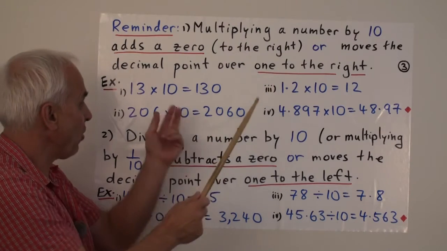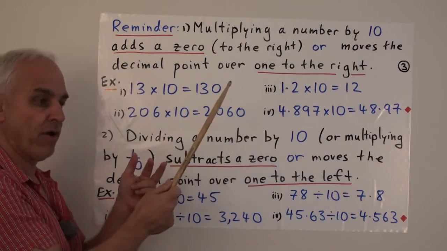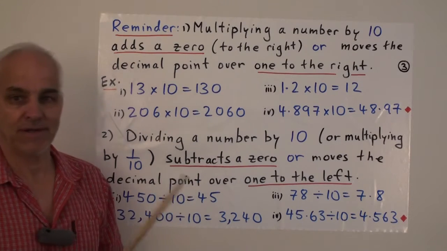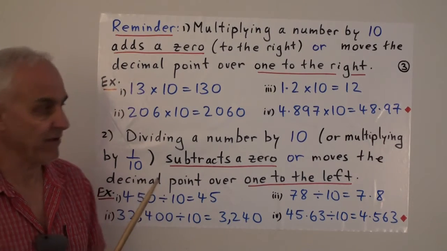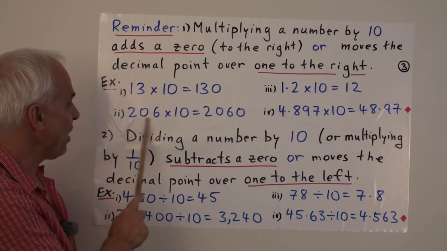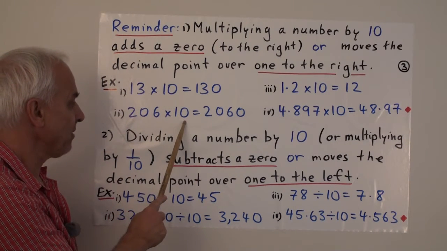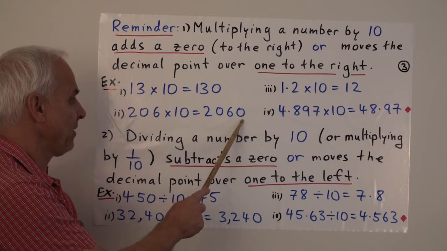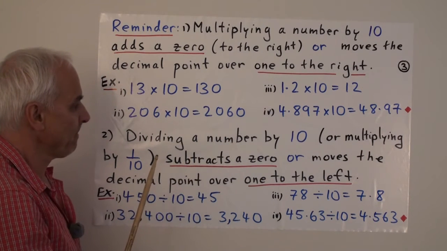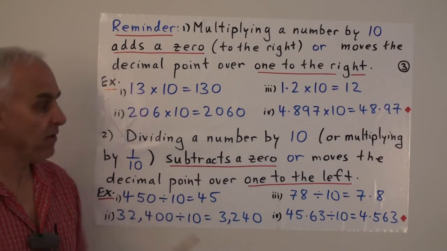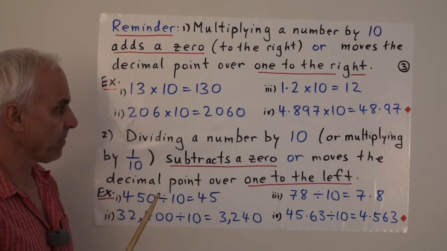The effect is that all the digits move over 1 to the left, and there's a new 0 in the ones place. Another example, 206 times 10 is 2060. We're adding a 0. That's how you multiply by 10 for a regular number.